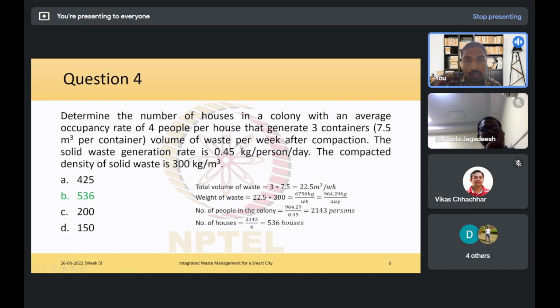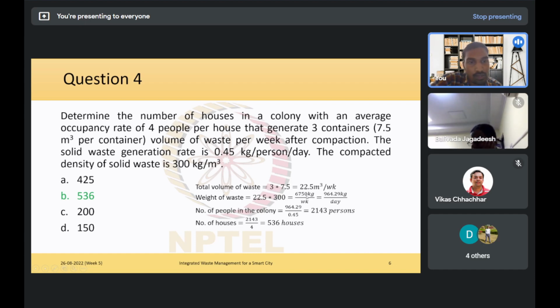First we find the total volume of waste. That is 3 containers, and each container's volume is 7.5 cubic meters, so 3 times 7.5. The total waste generated is 22.5 cubic meters per week. To convert this volume into weight, we multiply by the density of 300 kilogram per cubic meter.